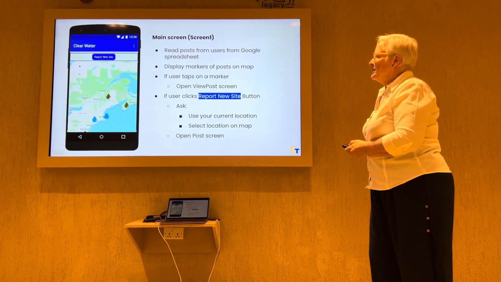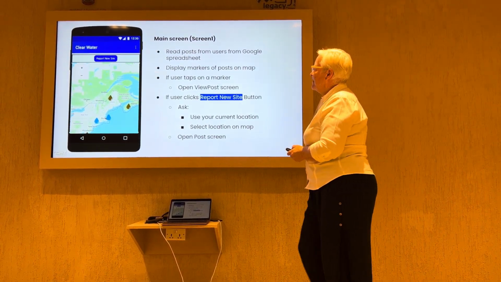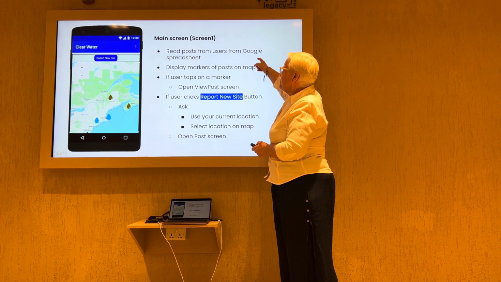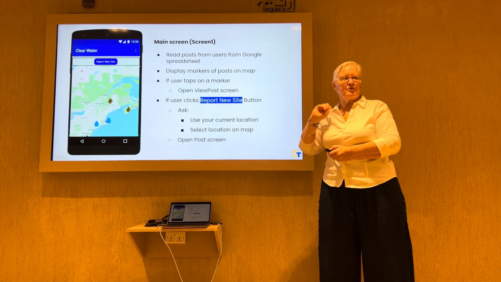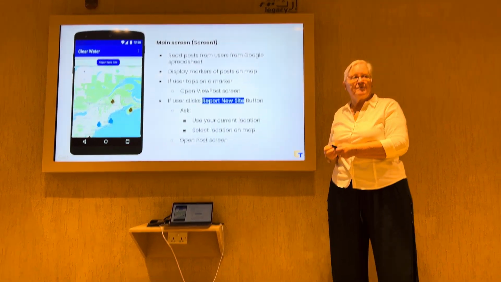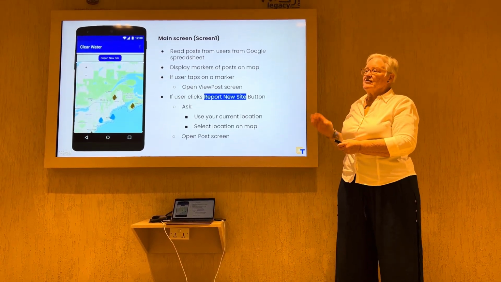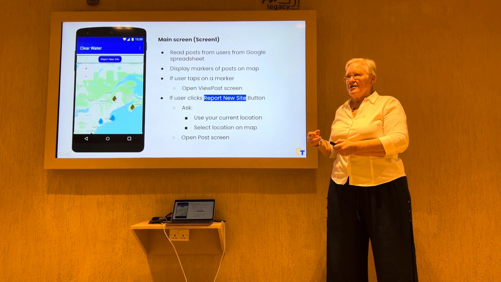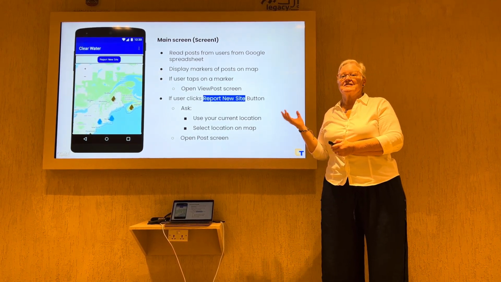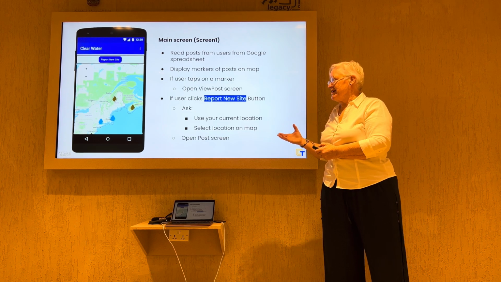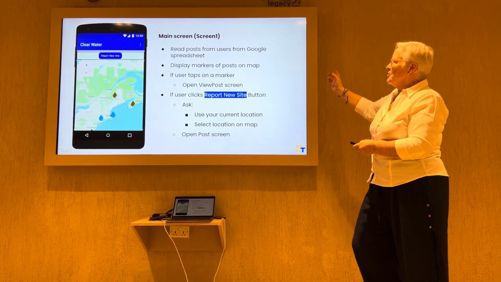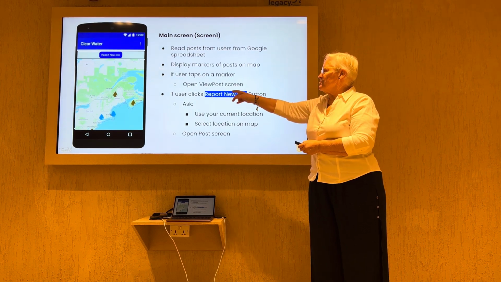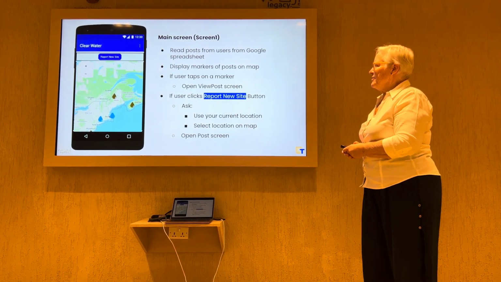And the idea is that once it opens, it's going to read posts that other people have gone onto the app and posted, and that's all stored on a Google spreadsheet. So again, a very easily accessible place to store data that kids can use. And then once it reads the posts, it displays them as markers on the map.